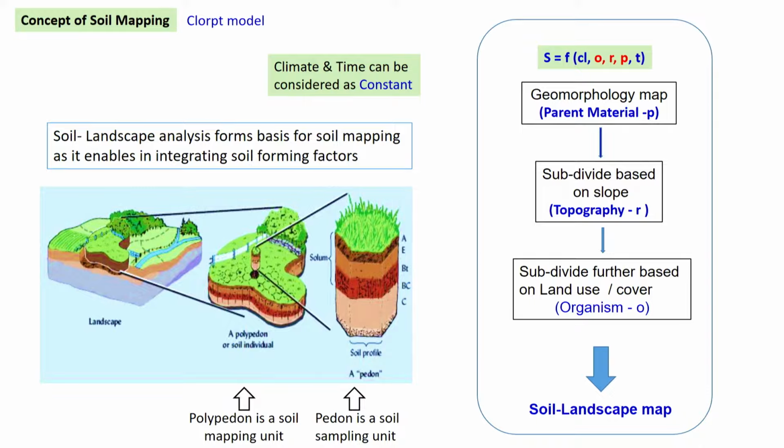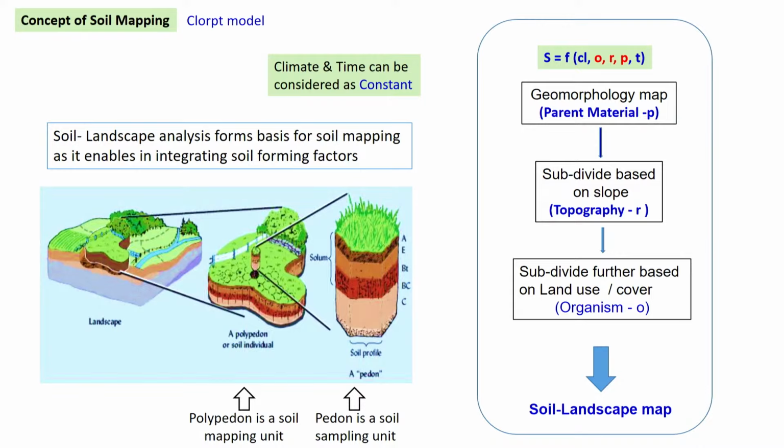So if you are having two, three or four types of slope, you divide each geomorphic unit based on your topography. Then the third stage comes where we further divide that map unit considering the land use land cover, that is your organism.